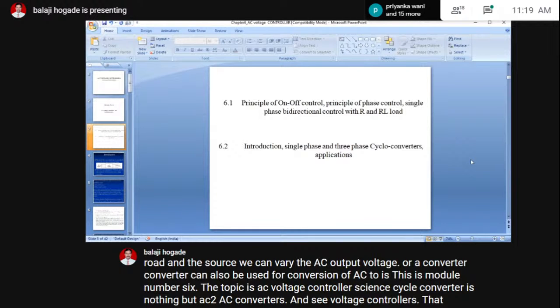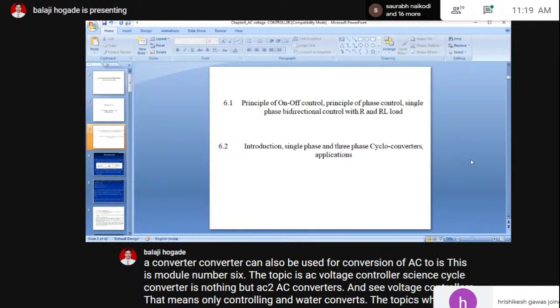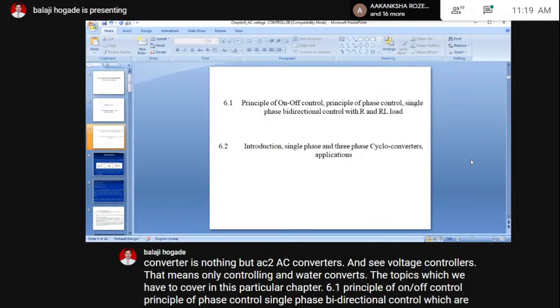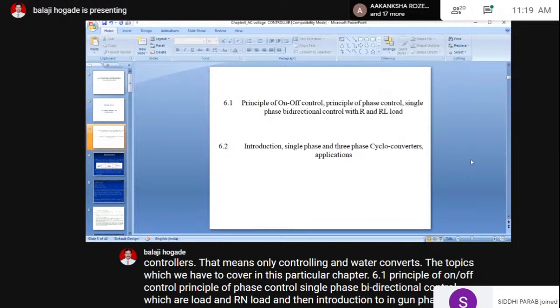The topics which we have to cover in this particular chapter: 6.1, principle of on-off control, principle of phase control, single phase bidirectional control with R load and RL load, and then introduction to single phase and three phase cycloconverters and their applications.